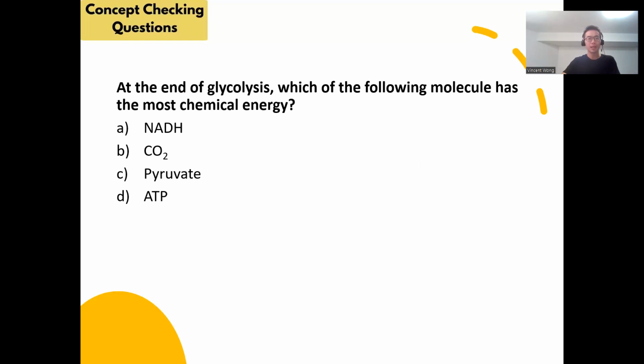This next one is quite complicated. I'll let you try first, and then I will explain. At the end of glycolysis, which of the following molecules has the most chemical energy? Okay, you really want to think about this one. Don't go with a gut feeling here.